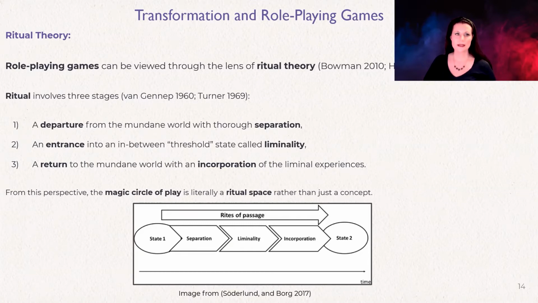The beginning is a departure from the mundane world through separation. And this departure often has this preparation phase attached to it where, for example, getting ready for a LARP, getting the costuming together, traveling to the site, meeting all the co-players, deciding who's going to play what, and perhaps negotiating consent. These are all things that could go into that departure or preparation phase.